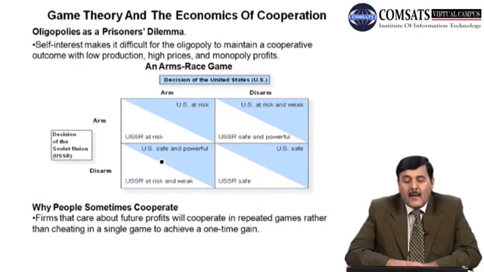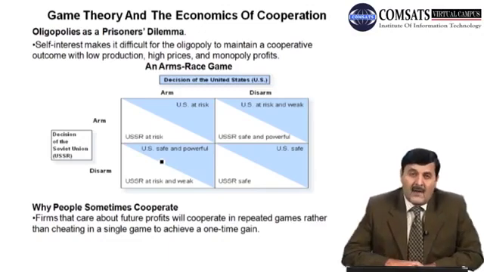In the slide, on one side at the top we have the decision of the United States, which is to keep arms or disarm. The United States has to make a decision regarding arming and disarming, and similarly the USSR, the Soviet Union, has to make a decision regarding arming and disarming.